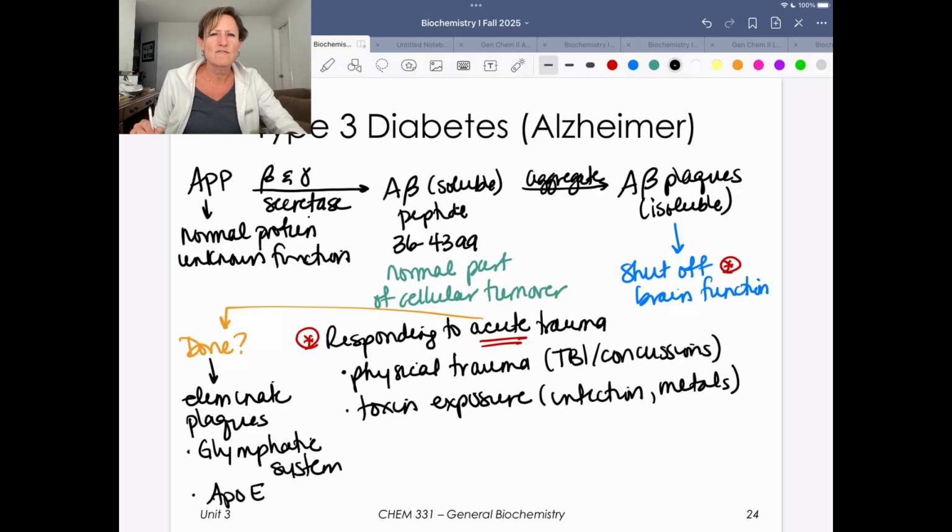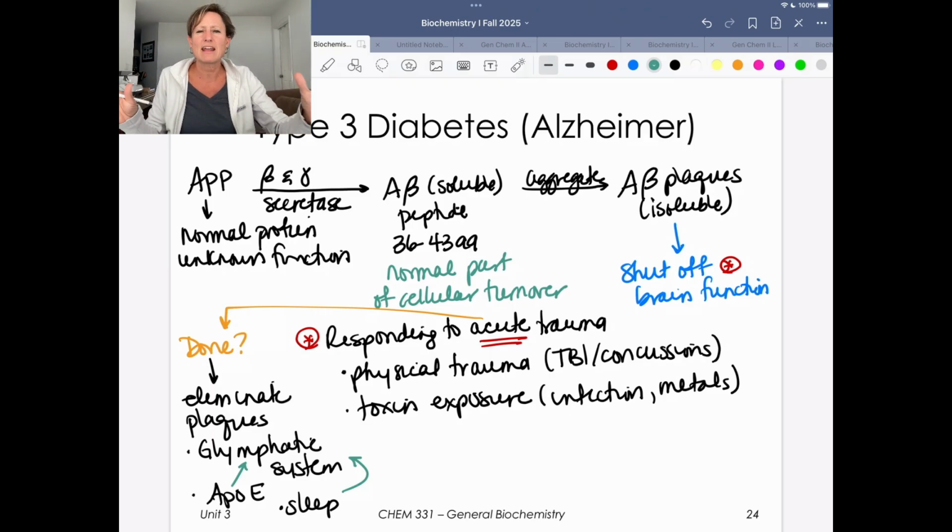And if you don't have functioning ApoE, if you have the ApoE4 isoform, you are less able to do this clearing of plaques because the ApoE lipoprotein helps to eliminate these plaques. And tied in with this is the importance of sleep. Because your glymphatic system is going to operate when you are asleep, and the ApoEs are going to be part of getting in there in that glymphatic system and helping you to clear this detritus out.